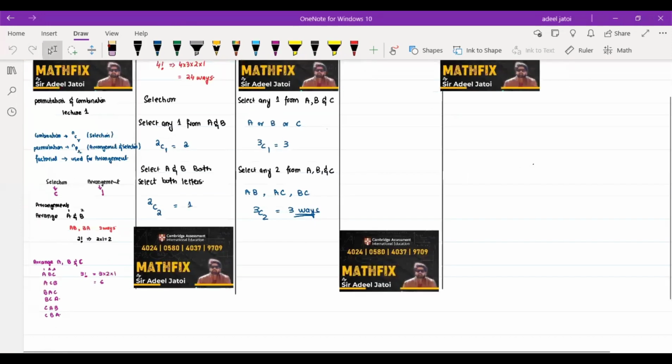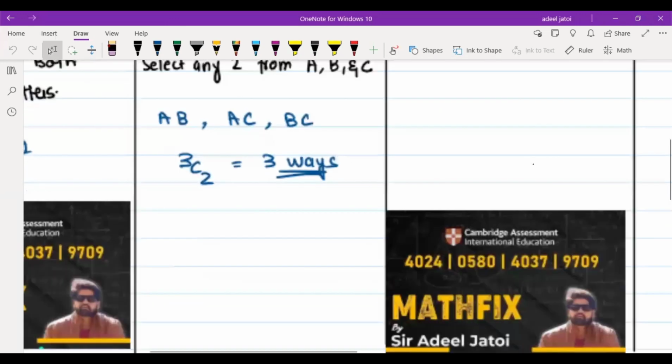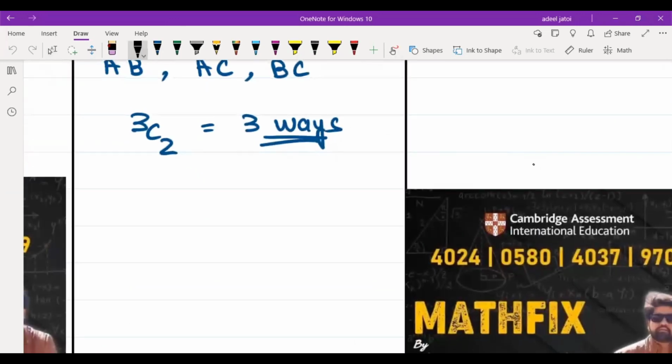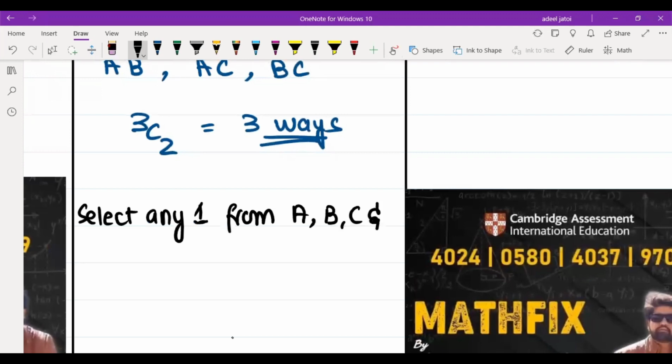Okay, ji. So let's move further. Select any one from A, B, C, and D. Now we have four possible letters that I need to select from, and I need to select only one letter.